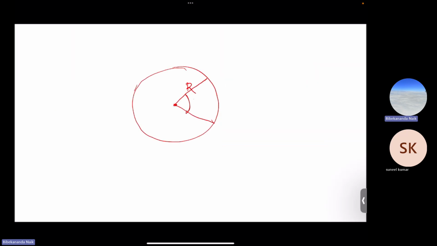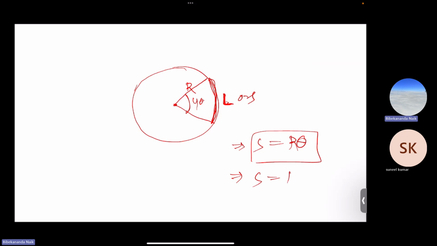Suppose this is 4 theta, and this is L, or we can say S. Then the relationship between S, R and theta will be S equals R theta. So S equals R times 4 theta, and R is S by 4 theta.